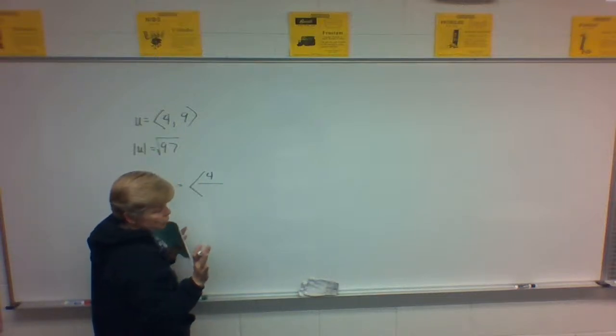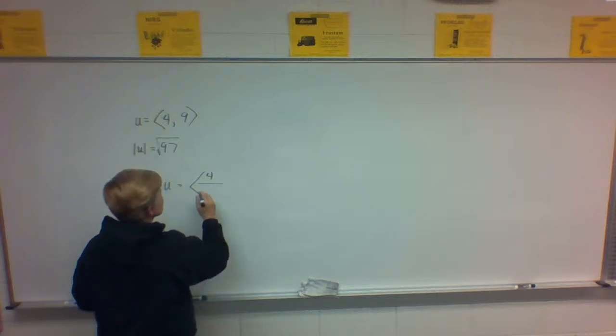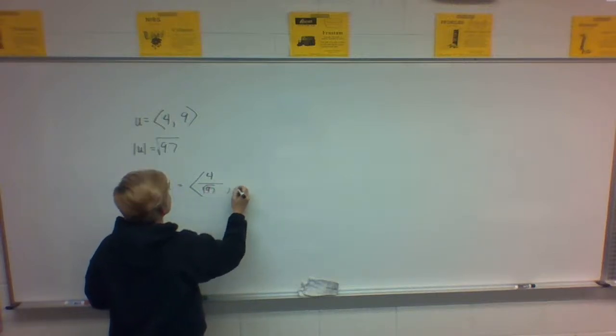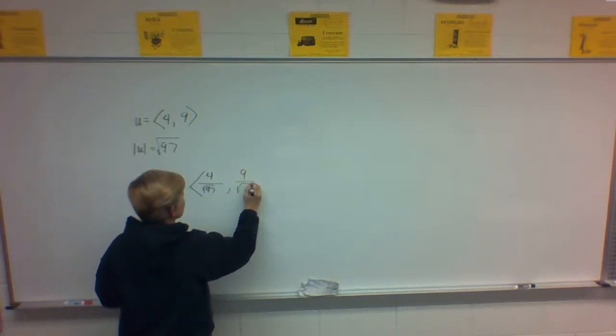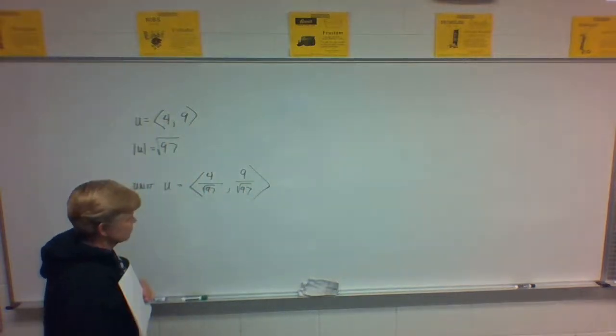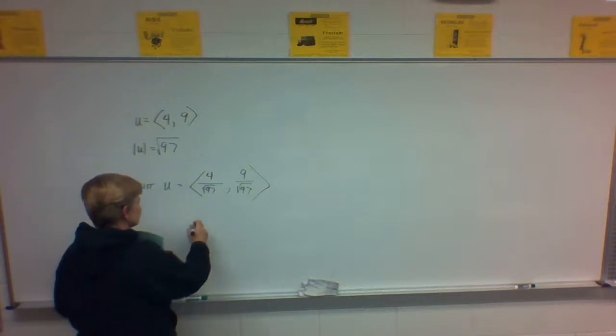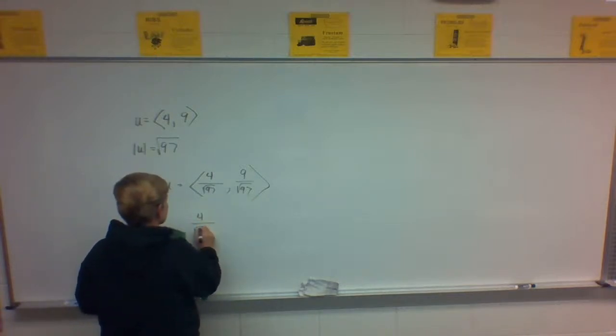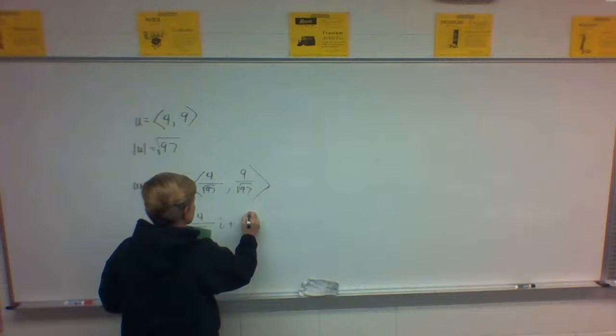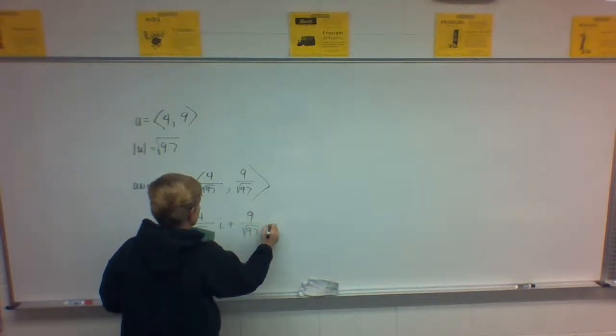Sorry, forgot the square root. Over the square root of 97, comma 9 over the square root of 97. That is the unit vector in the direction of 4, 9. If you report it this way, you'll miss one for not following instructions. The answer is 4 over the square root of 97 i plus 9 over the square root of 97 j.